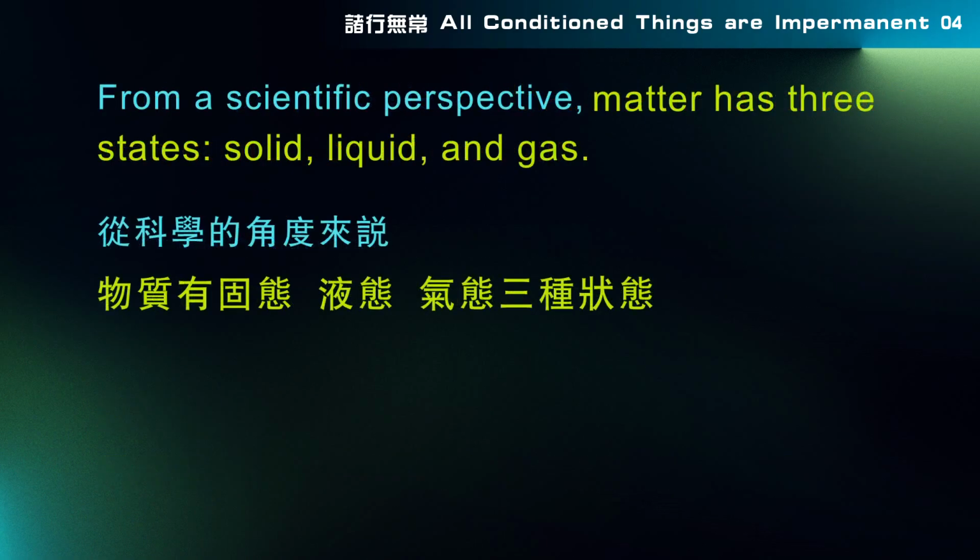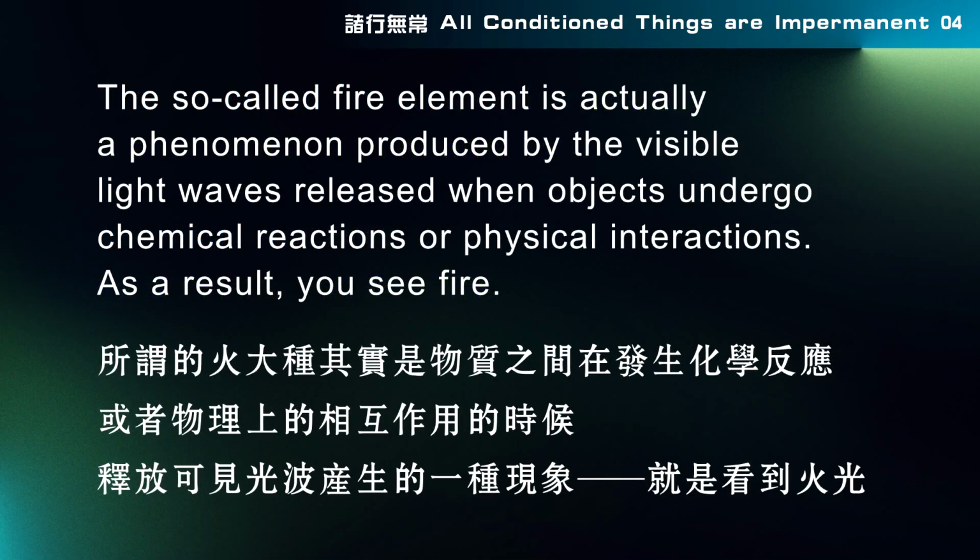From a scientific perspective, matter has 3 states: solid, liquid, and gas. The so-called fire element is actually a phenomenon produced by the visible light waves released when objects undergo chemical reactions or physical interactions. As a result, you see fire.